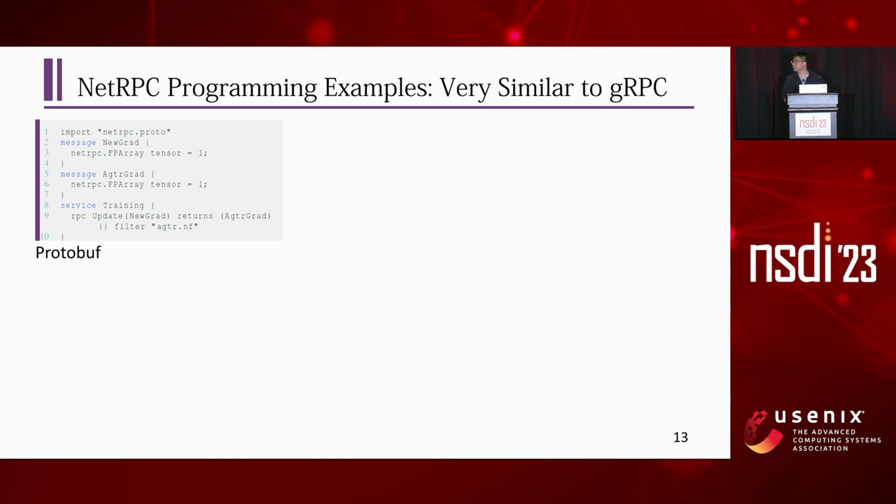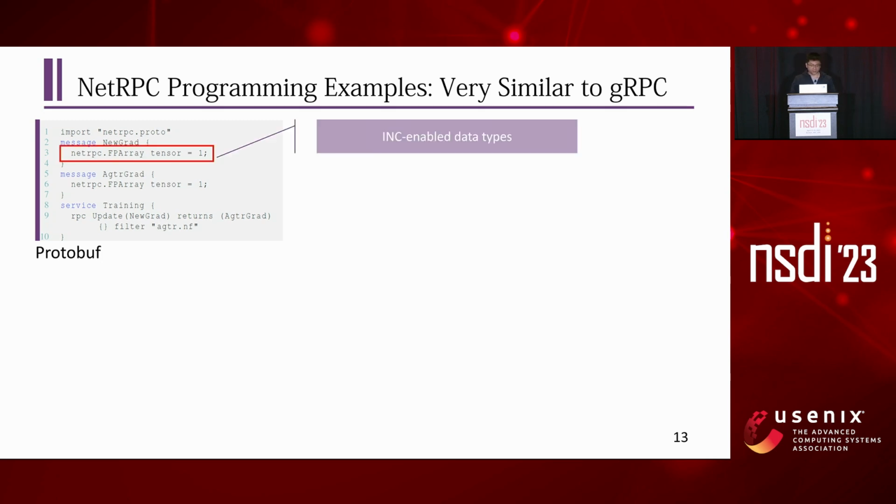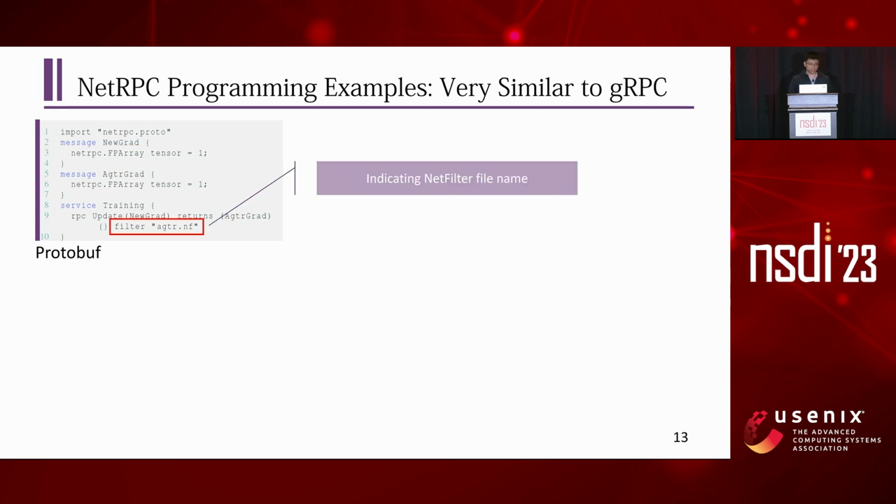Here is an example of NetRPC programming. First, we need to define the service and the messages by protobuf and import INC-enabled data types to specify which data is to be processed on the switch. We also need to specify the name of the net filter to tell the compiler where to find the description of INC primitives.